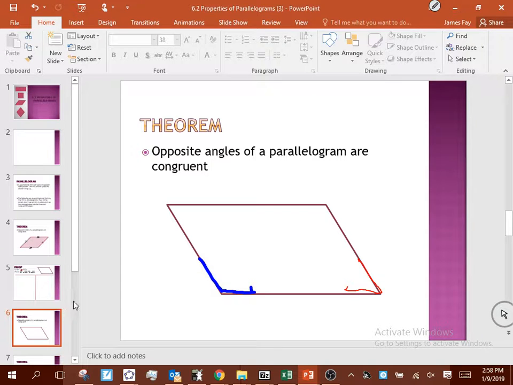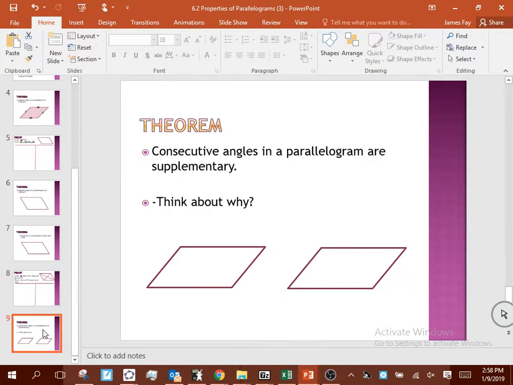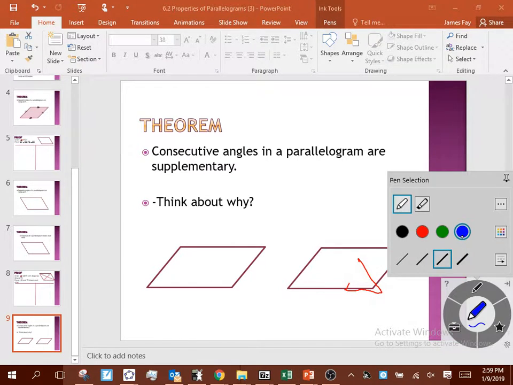So that theorem stated right here: consecutive angles in a parallelogram are supplementary. And Kenny said the reason why is, if this is a parallelogram, what do you know about that side compared to that side?